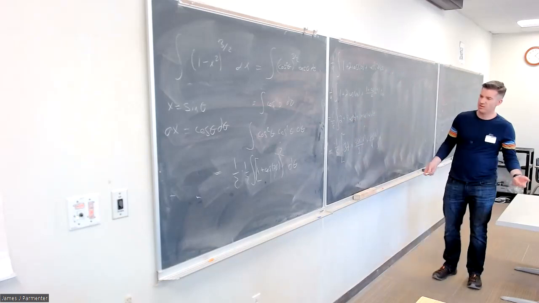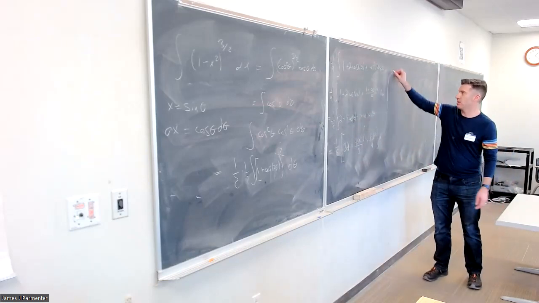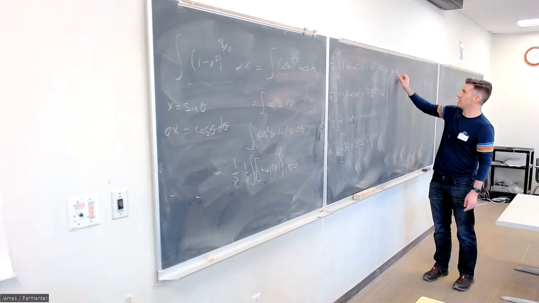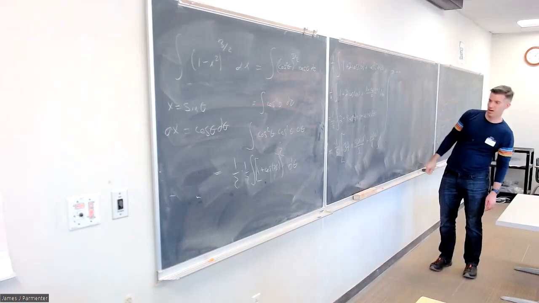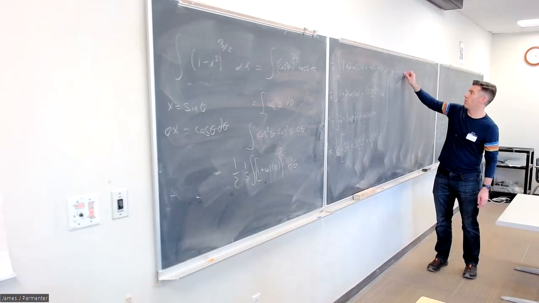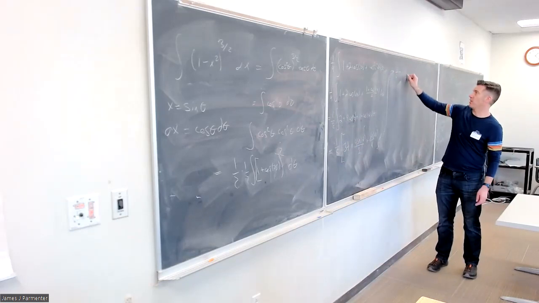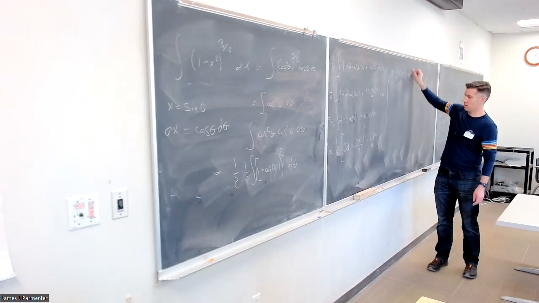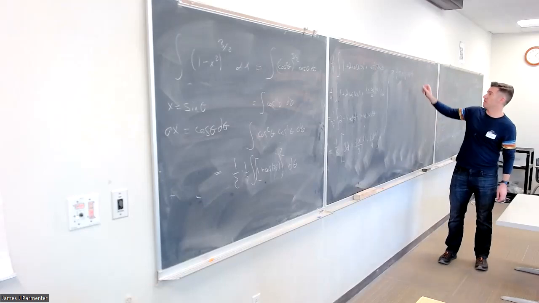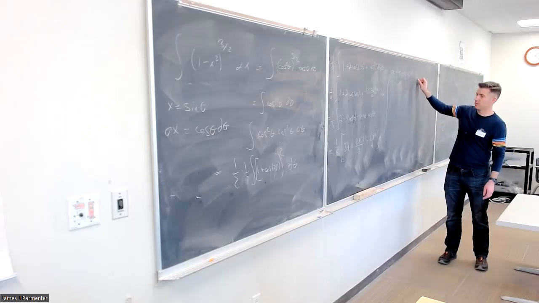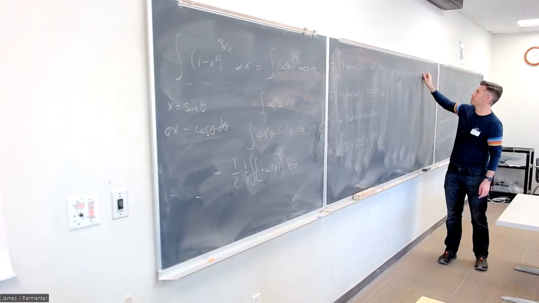And then, distributing and writing things out, we get 3/8 theta, 2/8, so 1/4 sine 2 theta, and then 1/8 times 1/4 is 1/32 sine 4 theta.